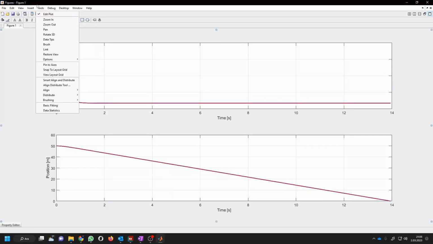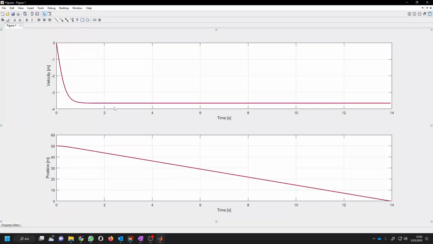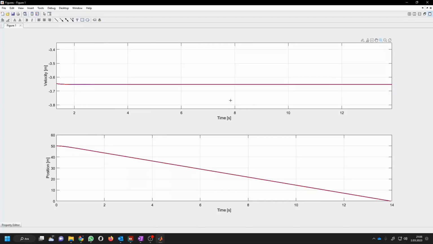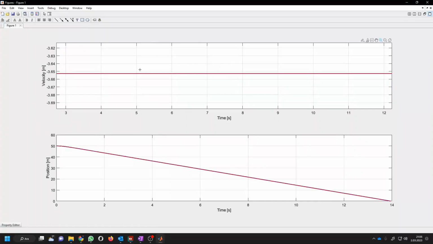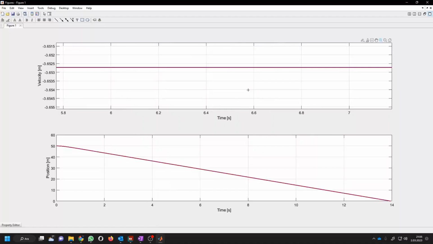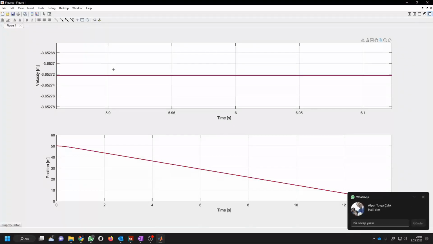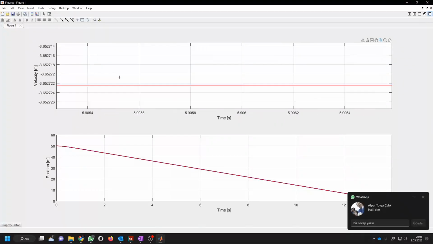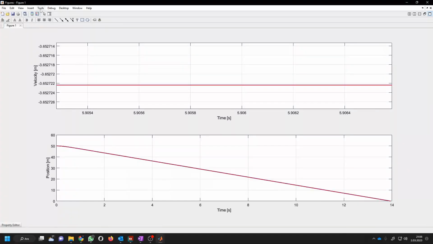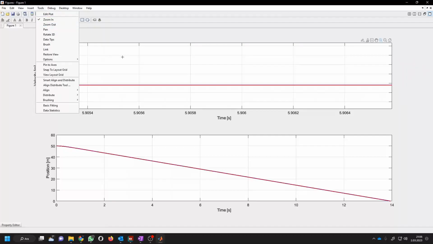So we can zoom in, see if there's a difference between them. They're almost equal up to 5 digits.